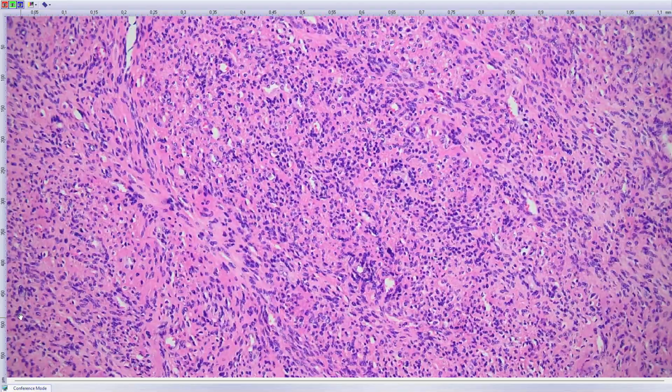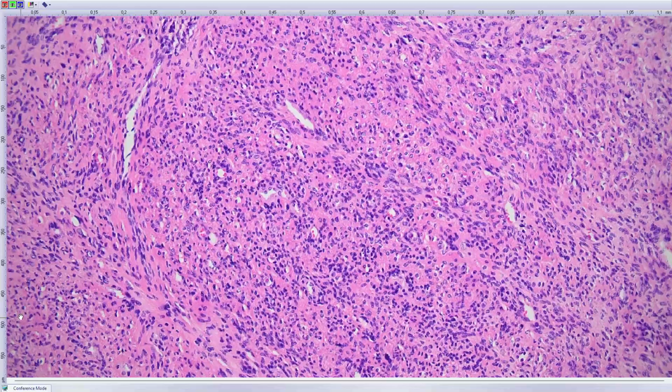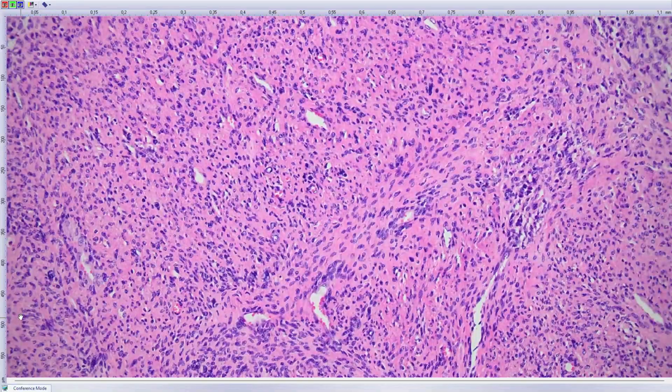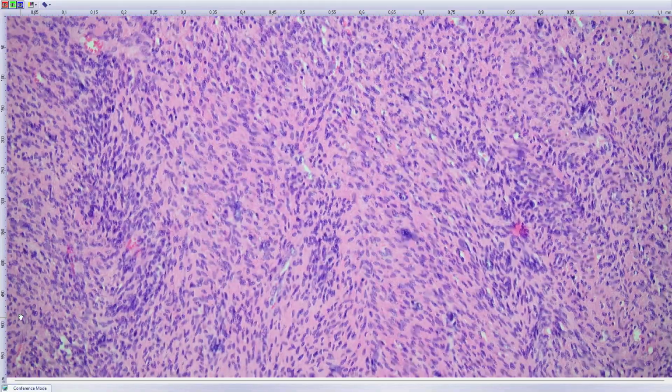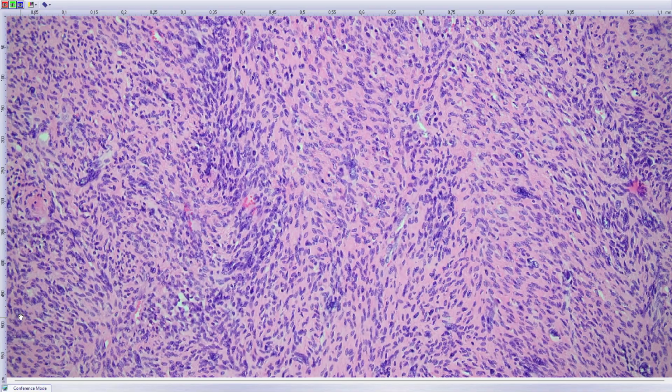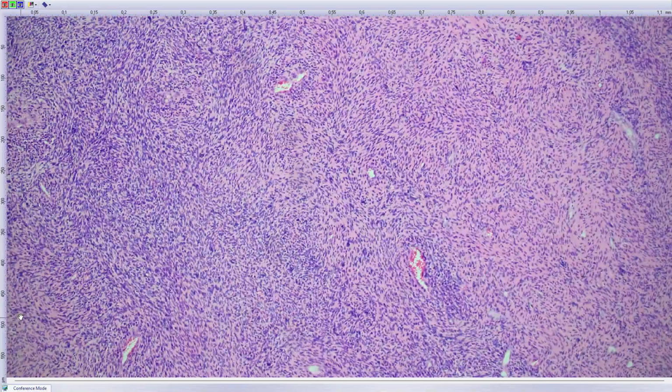Okay, it's nonsense. Although some areas were less cellular and less atypical, there is some atypia. Importantly, there were quite many mitotic figures, and necrosis was focally present.